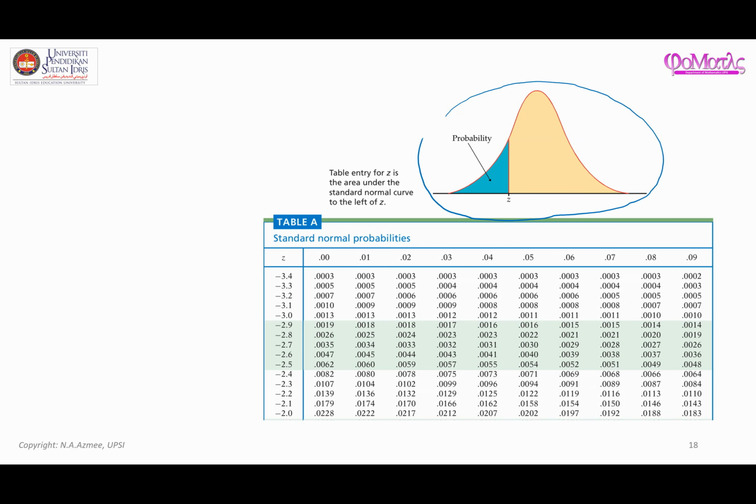Basically the figure is showing the probability values given in the table. These probabilities correspond to the area from this point to the left, so all the areas to the left. That is how you should read the given table.